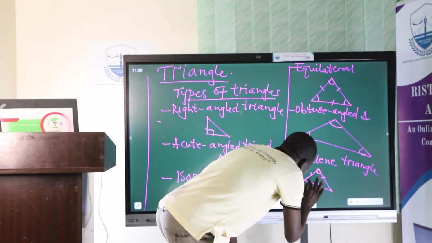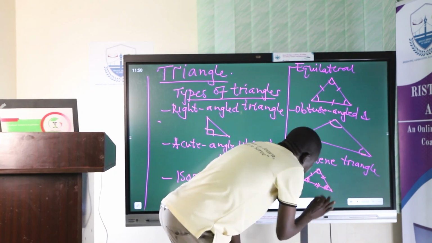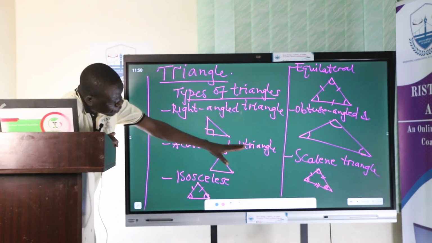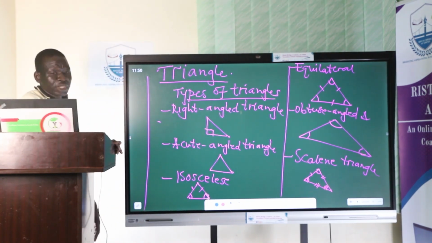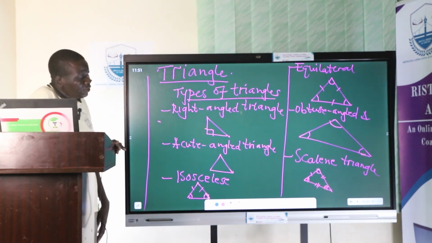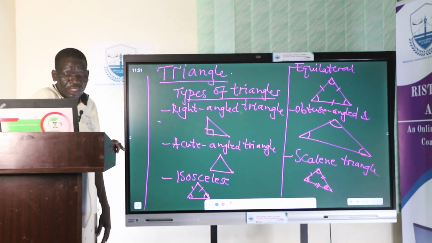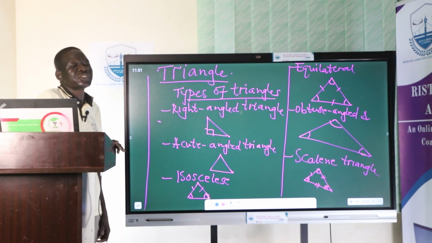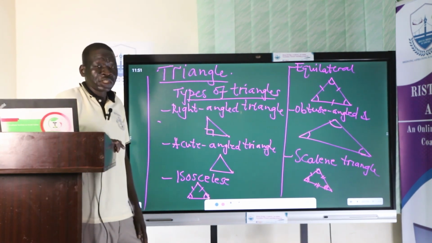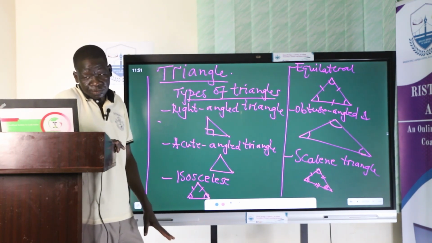This angle is not equal to this and is not equal to this one here. So that is how it looks like. So those are the types of triangles which you must know. However, among all of them, the formula for finding their perimeter is the same. Perimeter of any triangle is obtained by side plus side plus side.